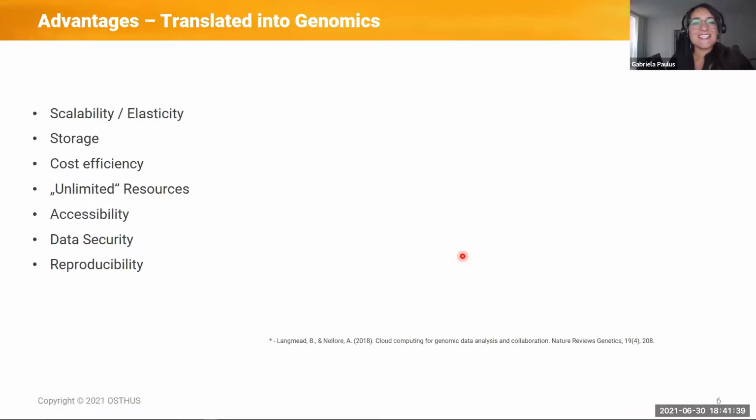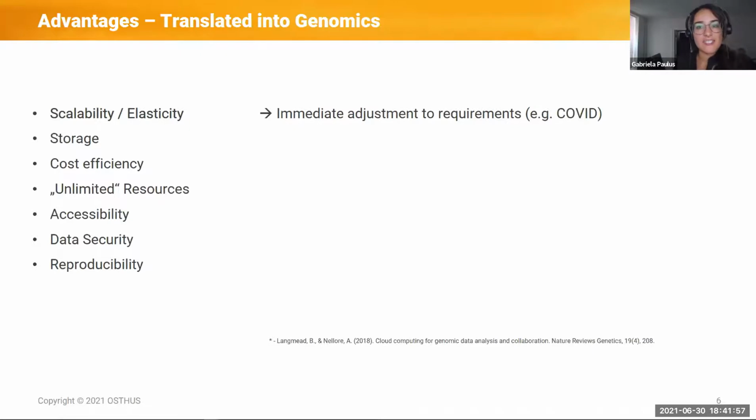So let's see now in detail how these advantages that are already presented before actually translate into bioinformatics specific advantages. I think we can start with scalability, which enables bioinformatic analysis and also research efforts to dynamically scale with changing needs.